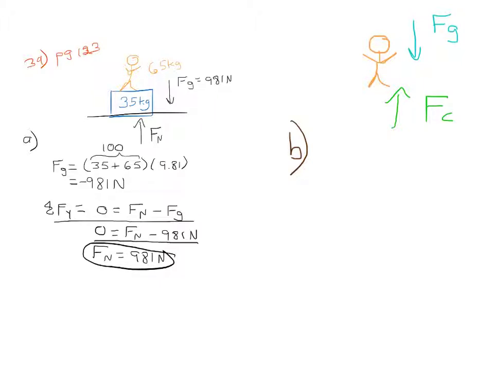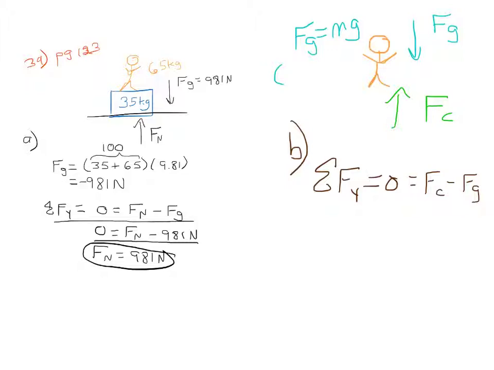Now again, this guy is not falling down and he's not moving up, so we know that our net force in the y direction is going to equal 0. Since our only forces are the force of the crate minus the force of gravity, the force of the crate has to equal the force of gravity. The force of gravity is mass times gravity.